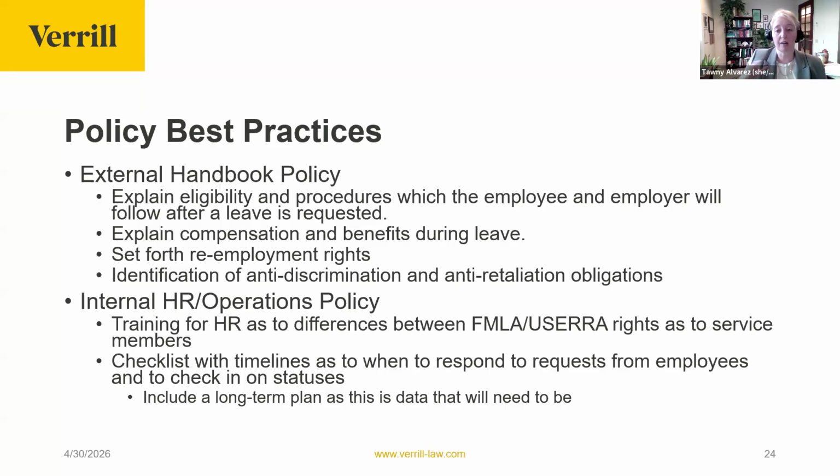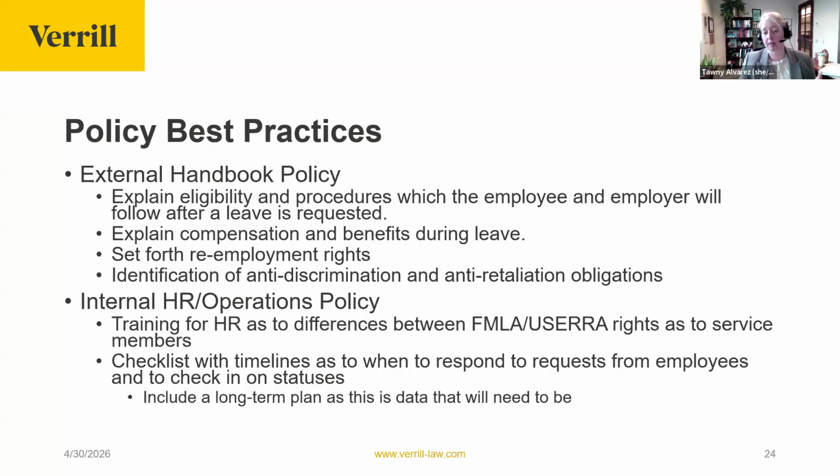Recognize that when they're in deployment, there will be resources provided to them from whatever arm of the uniformed service they're serving in, informing them of their rights simultaneously. So making sure that we're appropriately communicating with our employees is paramount.